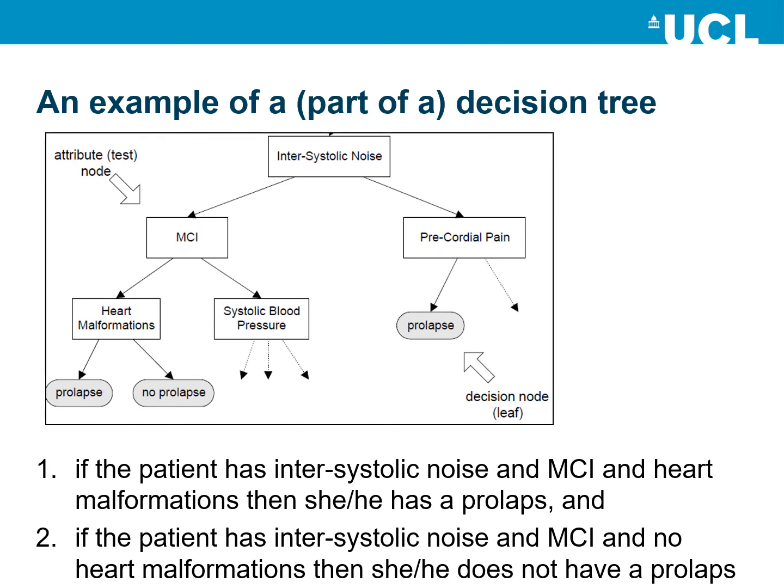Looking at the individual decision tree, you can see that you have an attribute test at each internal node. And this is used to further break down your feature space into an individual sub-feature space to derive a class label. And your class label here is a binary class label, binary classification, prolapse or no prolapse.